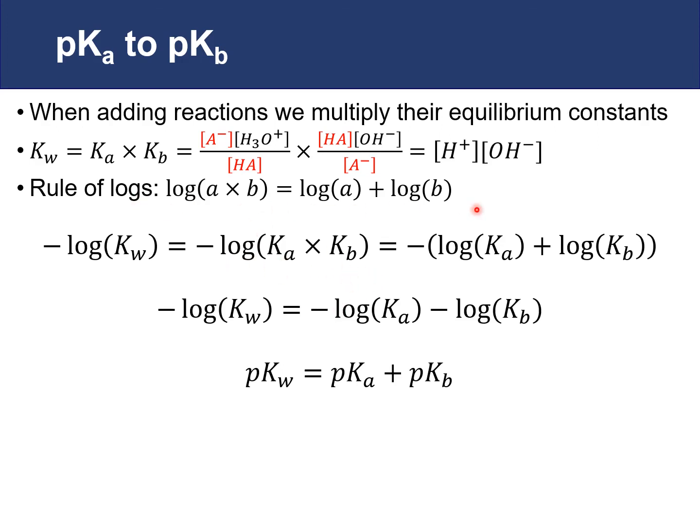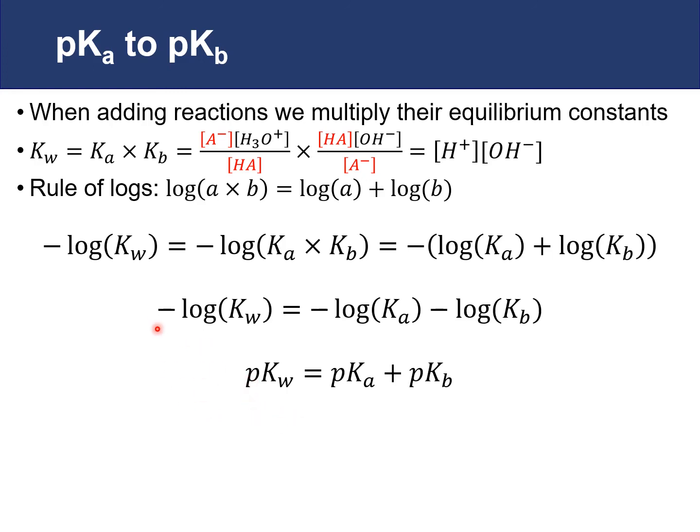We're using the rule of logs up here to break the product apart, giving us that's equal to the negative of the log of Ka plus the log of Kb, that whole quantity times that negative sign. Distributing the negative in, we get negative log of Kw is equal to the negative log of Ka minus the log of Kb. Again, the negative log, we can re-express that as just p, right? So the negative log of Kw is pKw, right? p just means negative log.